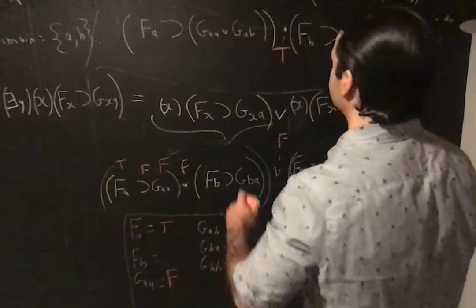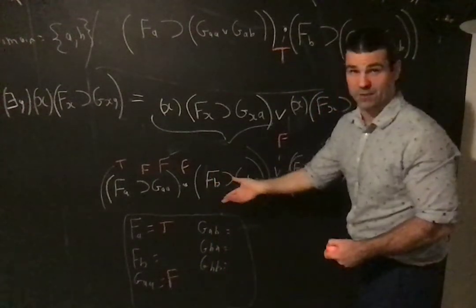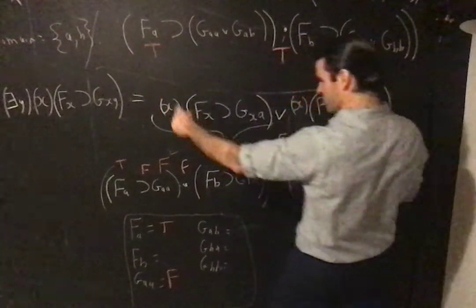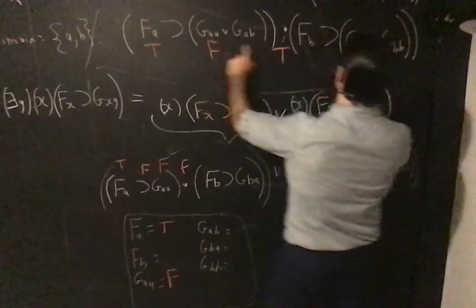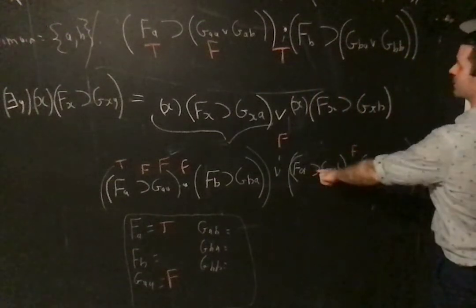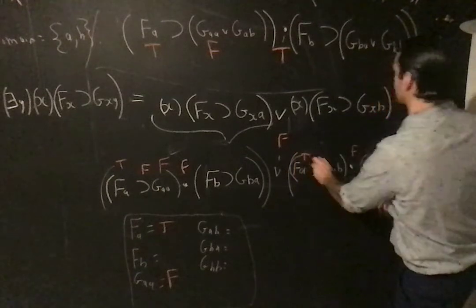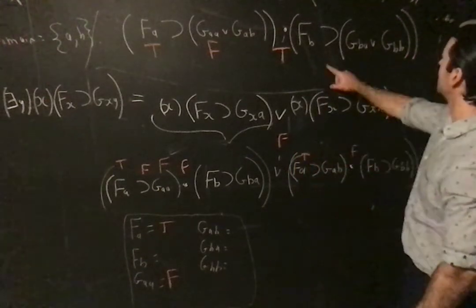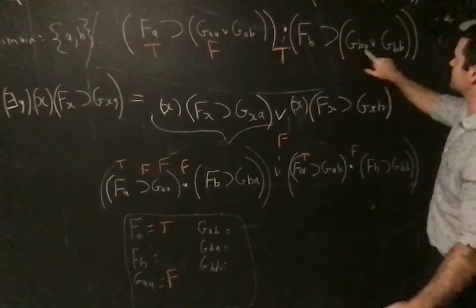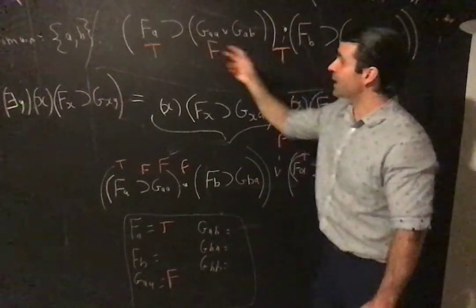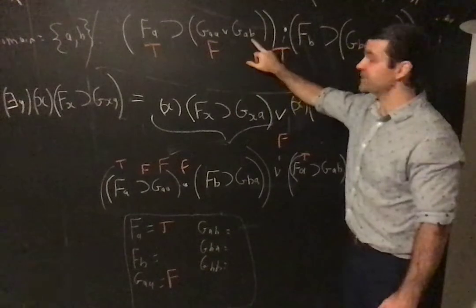And that means, of course, they have those truth values everywhere. GAA doesn't appear over here, and FA is true here. This is FB, we don't have any GAAs here. That's good.